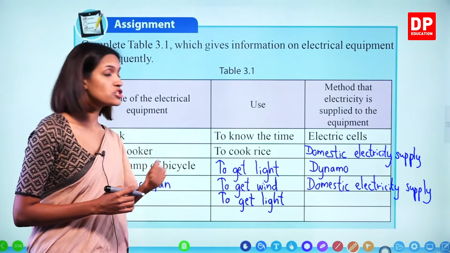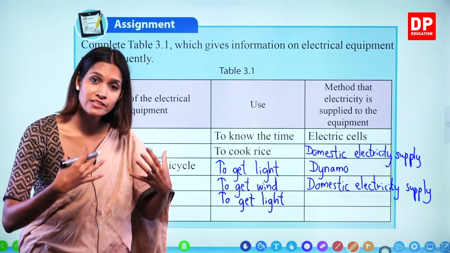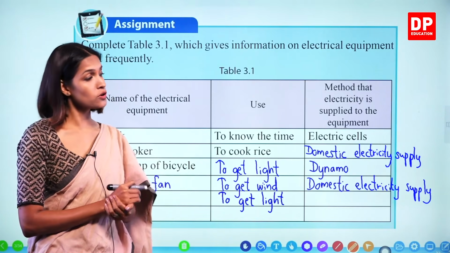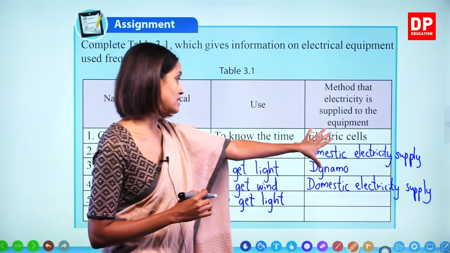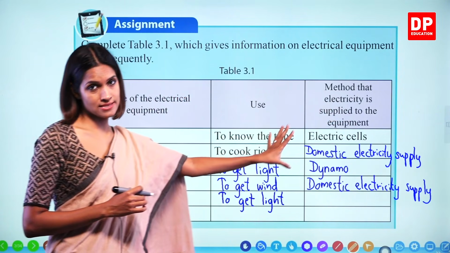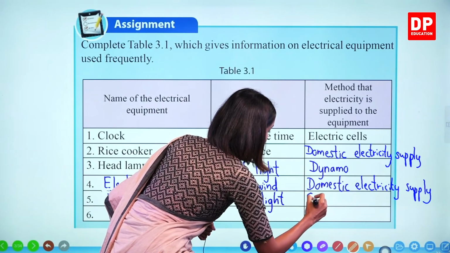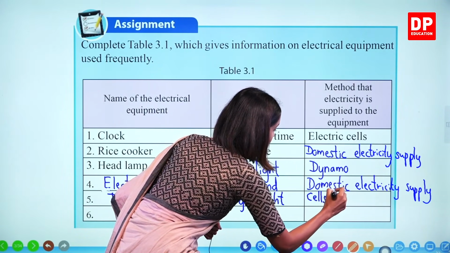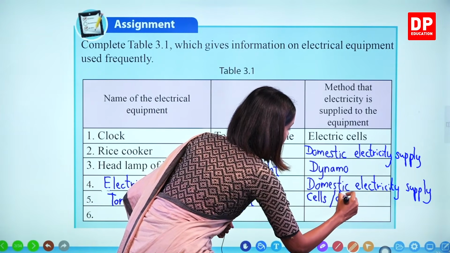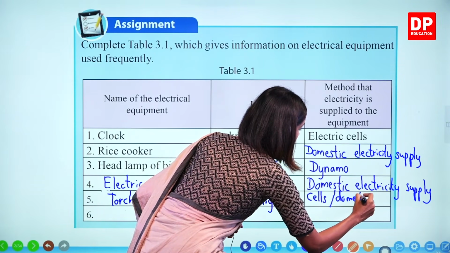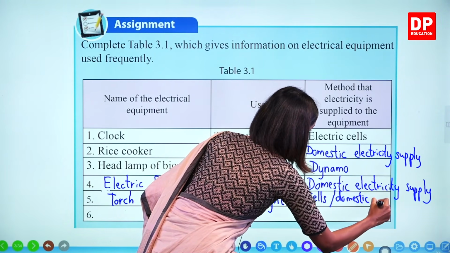Or some of these torches you can recharge. You can charge them and use. Therefore, either way, domestic electricity supply or electric cells are used. We will write both. I will simply write cells or domestic electricity supply.